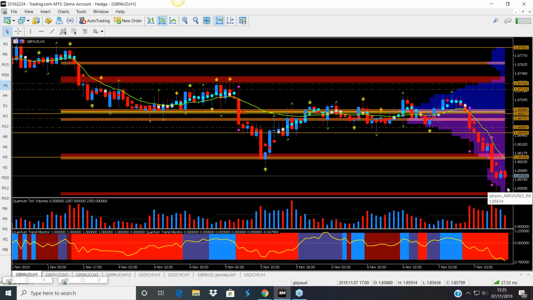Now, in this pair, it's quite interesting. The driver this morning was more of a buy of the Aussie because of the China news, and then as the session moved into the BOE, it was really much more of a heavy sell of the pound and continued buying of the Aussie.